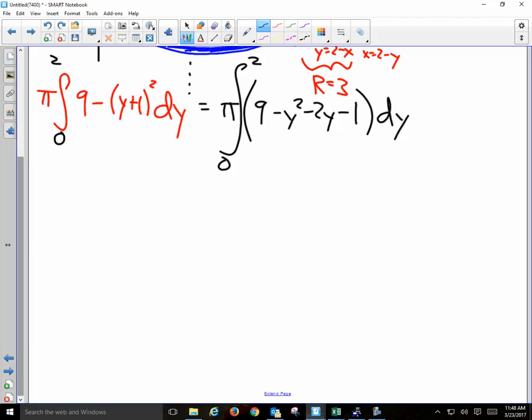And we'll just combine some pieces here. So we've got pi times the integral from 0 to 2 of 8 minus y squared minus 2y dy. Sweet. Antiderivative: 8y.